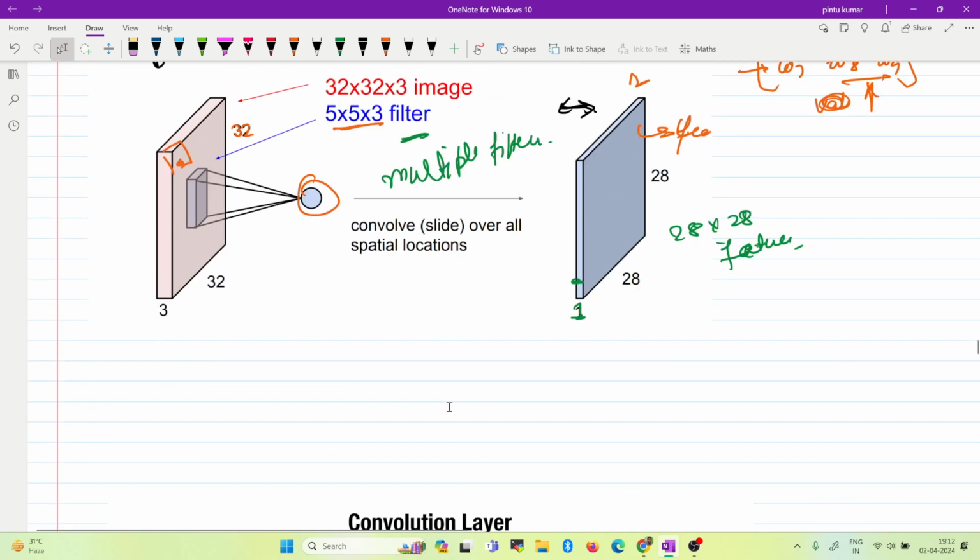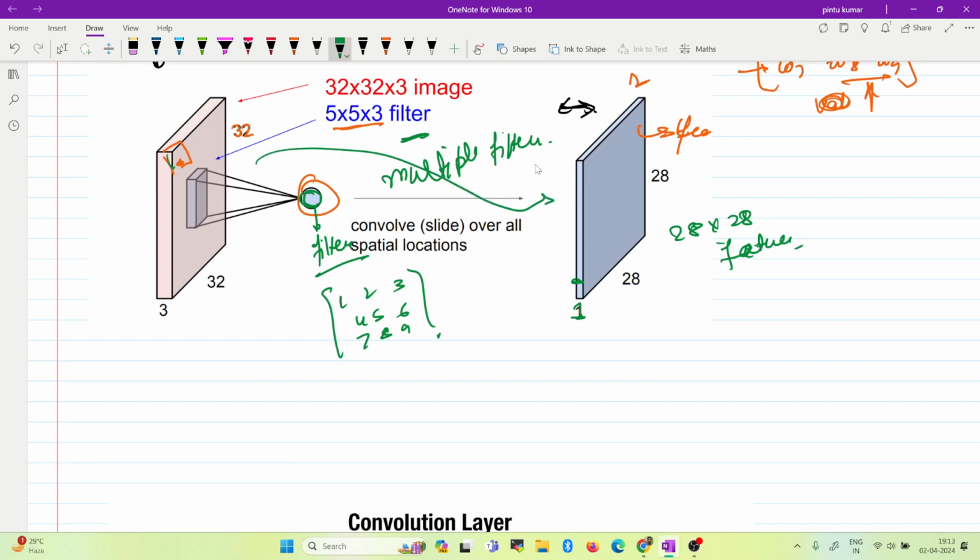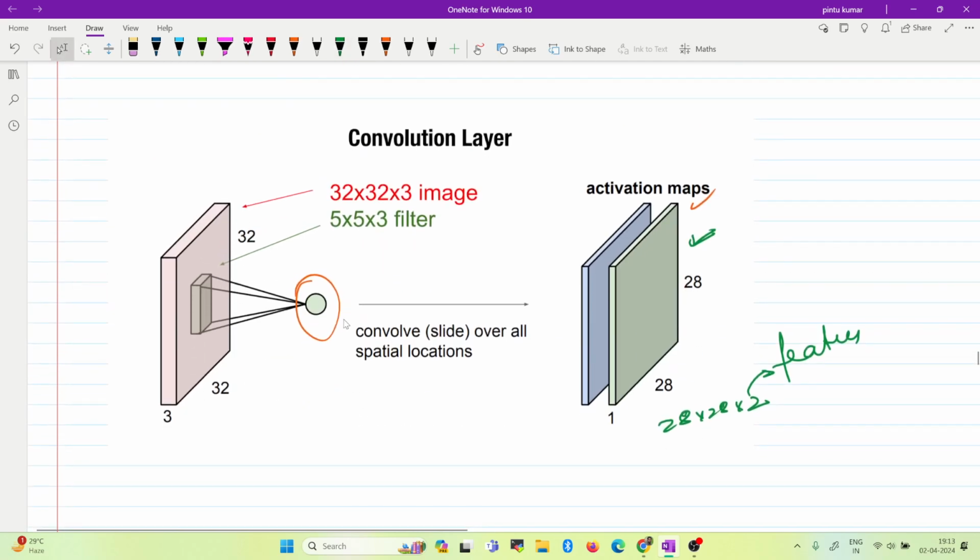That's what will happen. For example, over here, we started with some blue color feature, right? So you will have some initial value for this filter. You don't know the exact value for this filter. Let's say you initialize with 1, 2, 3, 4, 5, 6, 7, 8, 9. So it will obtain a feature map or the convolution feature that I am representing by blue. For the next filter, let's say green, if you initialize this also to be the same, you can do that, but that can have different kinds of challenges. Let's say you initialize it slightly differently: 1, 1, 1, 2, 2, 2, 3, 3, 3.